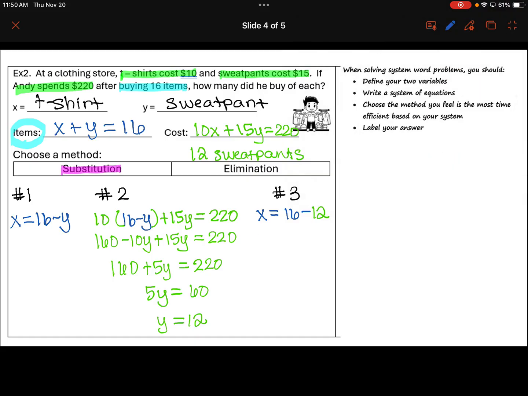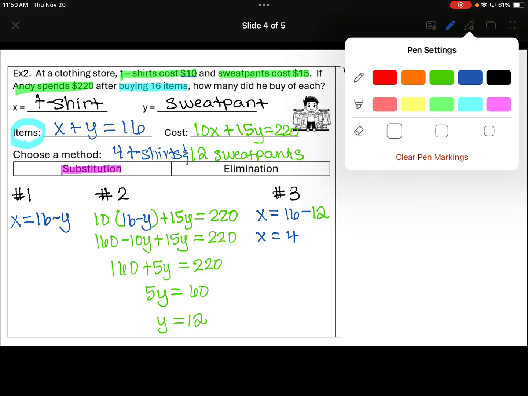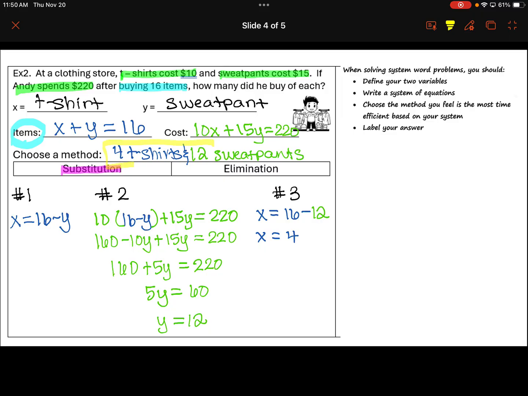So that means x equals 4. So now I know I had 4 t-shirts and 12 sweatpants. I have found the solution. And I chose to do it using the substitution method.